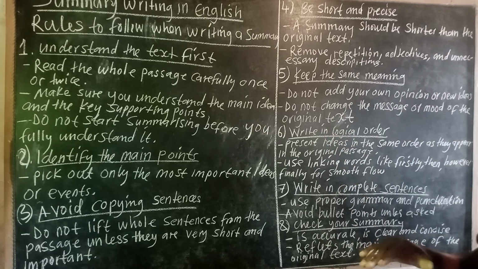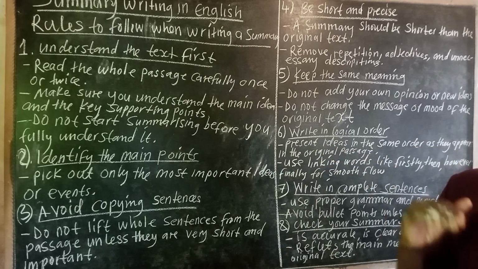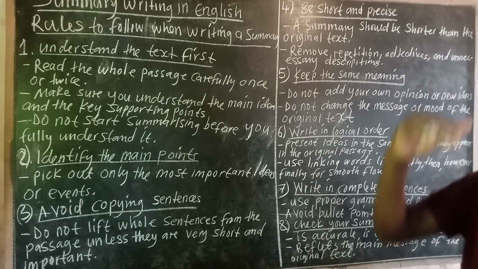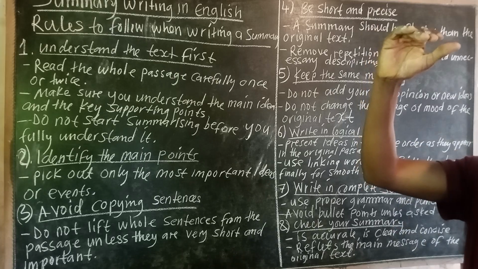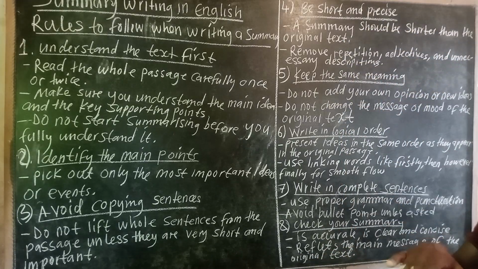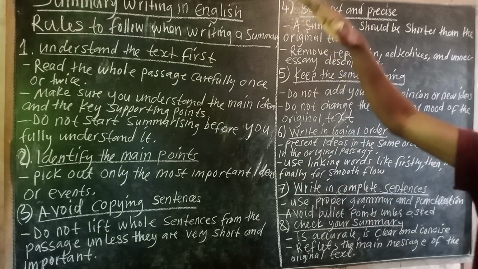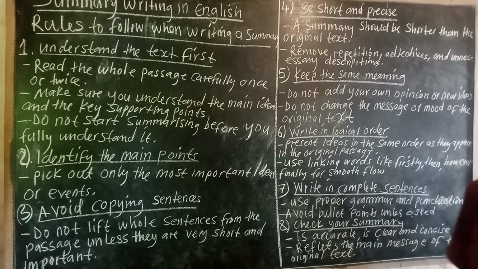You maintain. Then 6, write in logical order. Even as you are summarizing that passage, it's important, as you are underlining those important points, to follow the way they are. They are supposed to be in logical order, the way they are arranged in the passage.